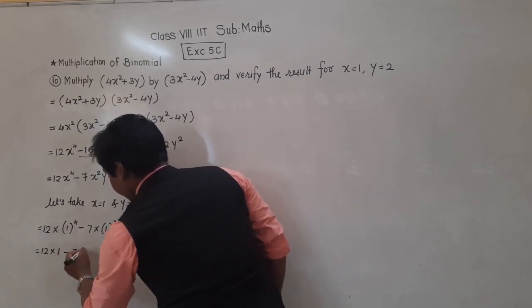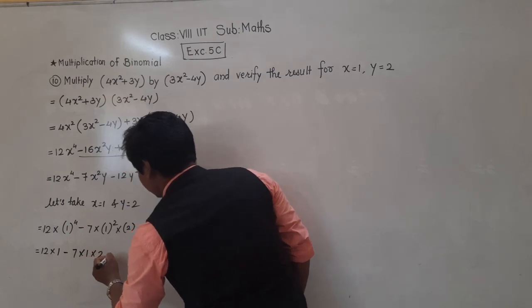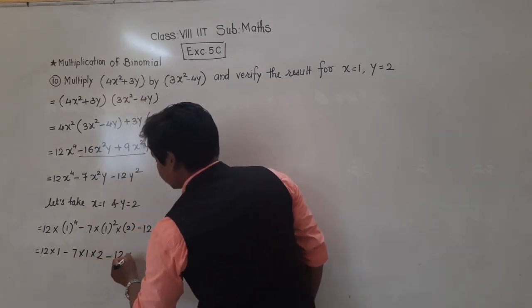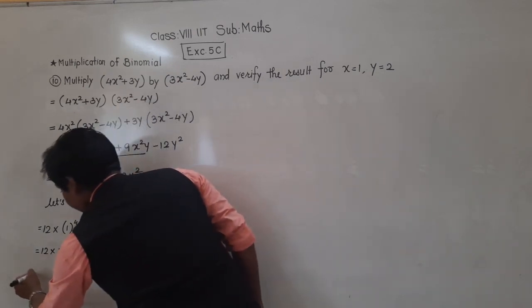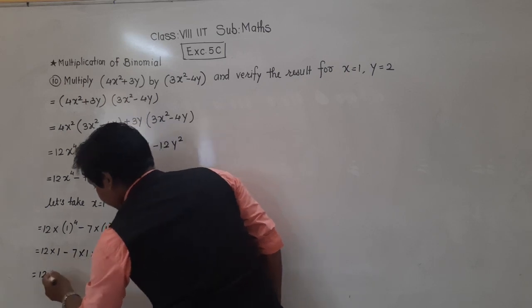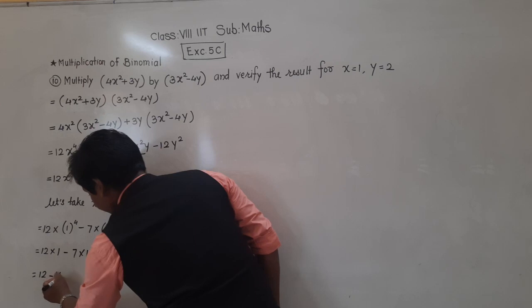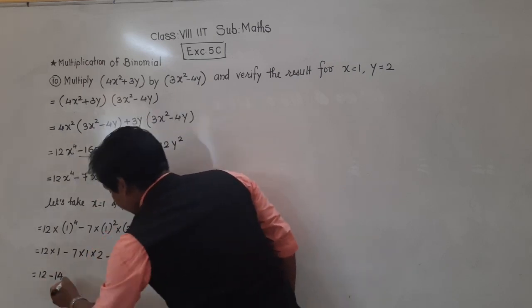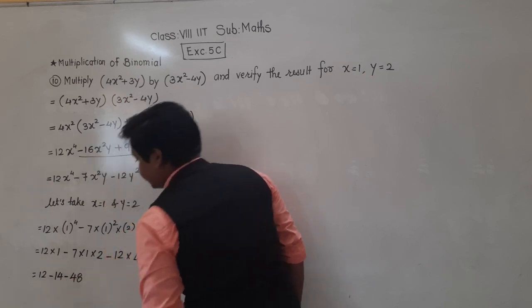Minus 7 into square of 1 itself into 2, minus 12 into square of 2 is 4. Then 12 ones are 12, minus 7 twos are 14, then minus 12 into 4 is minus 48.